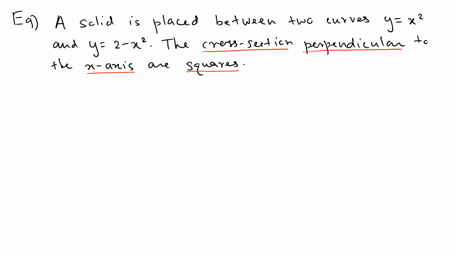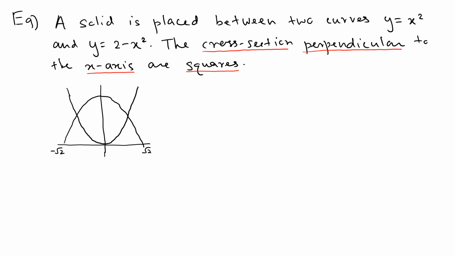So then the graph looks like this: this is square root 2, and this is negative square root 2, and this is y equals x squared, and this is y equals 2 minus x squared, the upside down parabola. We need the integration limits, which we can find by setting the two curves equal to each other.